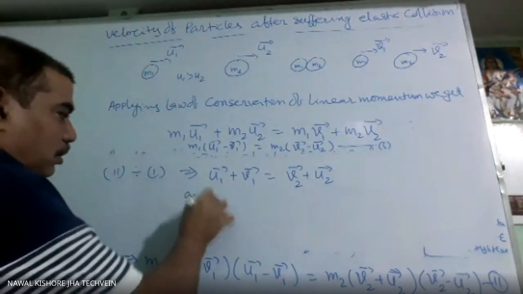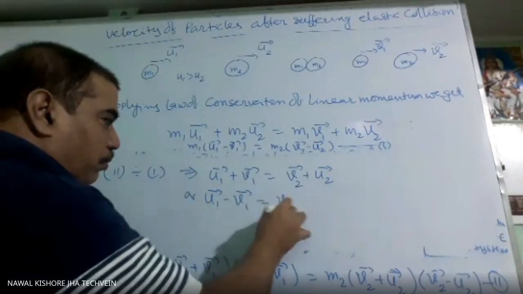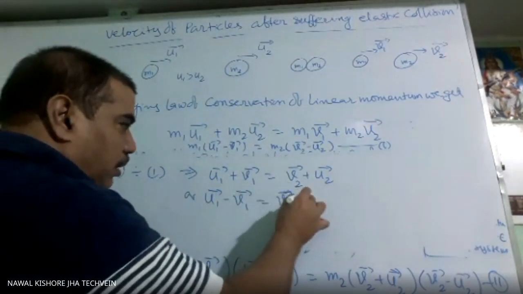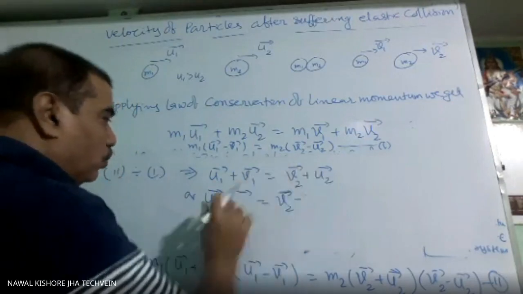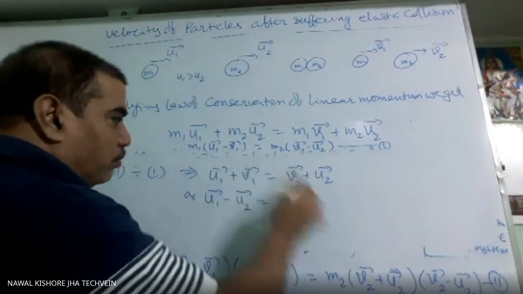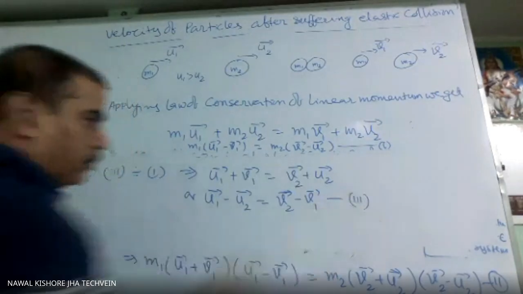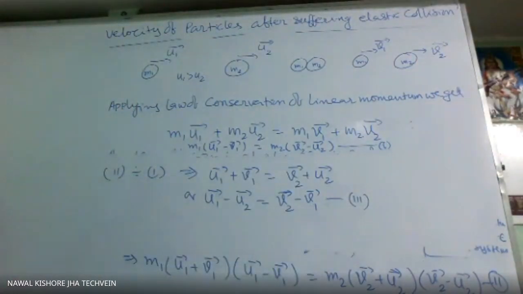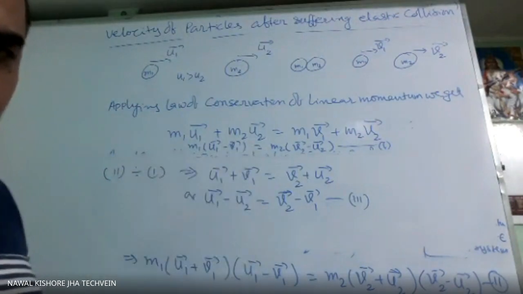Or U1 minus U2 is equal to V2 minus V1. This we have already got by using coefficient of restitution also.